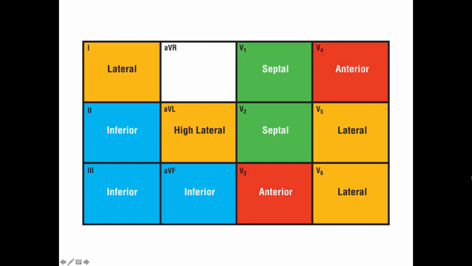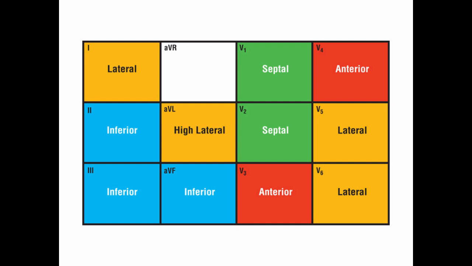AVR we're not going to worry about for right now. And then we obviously know V7, V8, V9 are our posterior leads. We know we can flip over V4, V5, V6 onto the right side and get a right-sided view. But for our typical 12 lead, here is the regional layout for you.